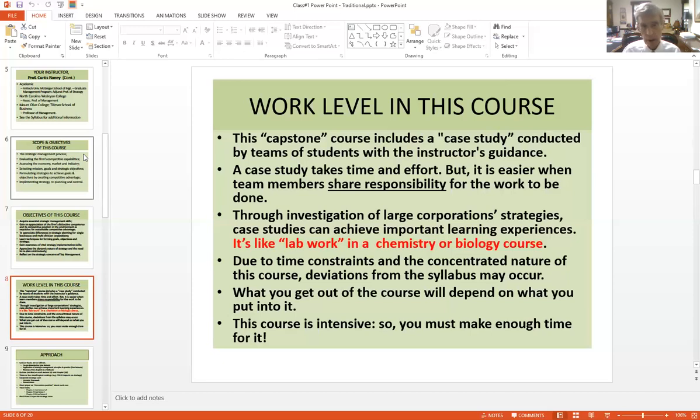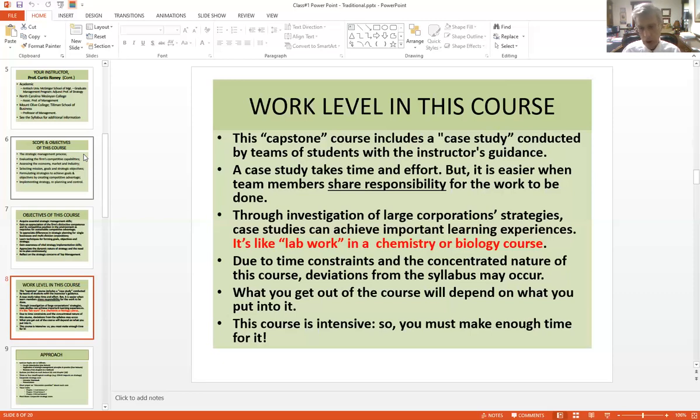And we really can't predict with perfect accuracy how the semester is going to unfold. Not only that, the schedule for this course could change. What also could change the course is that we find something interesting and you want to pursue it a little more. And if I think that it'll benefit the class, I'll let things get off schedule just so we can delve more deeply into a particular topic.